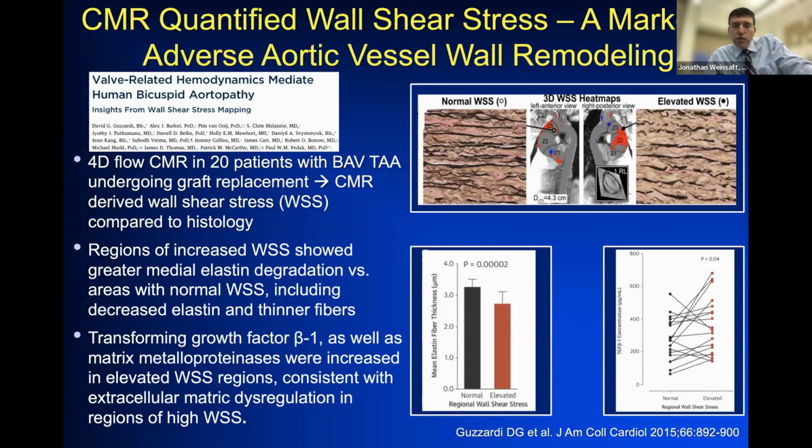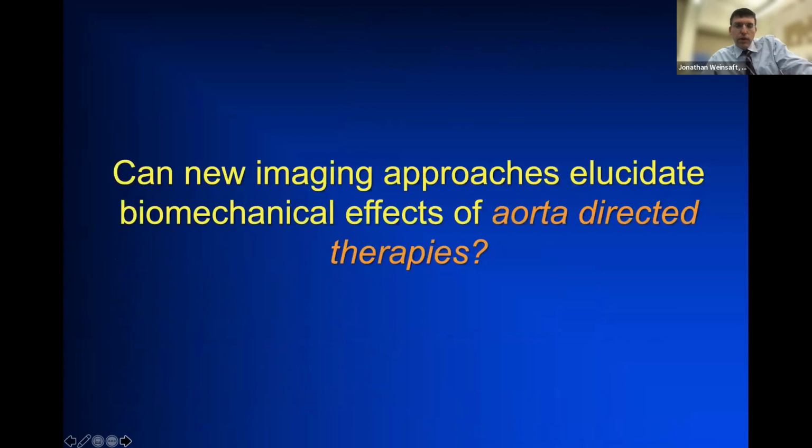When one looked in terms of molecular signaling, TGF-beta, as well as an array of matrix metalloproteinases, were increased in regions of wall shear stress elevation, consistent with the notion that what we're seeing in terms of imaging is a marker reflecting extracellular matrix dysregulation in affected areas.